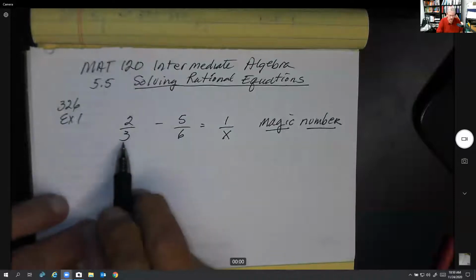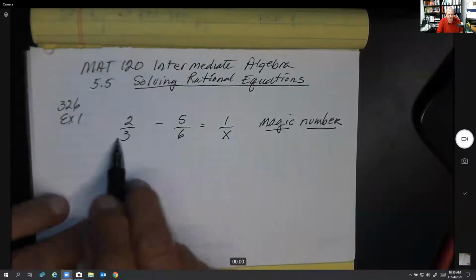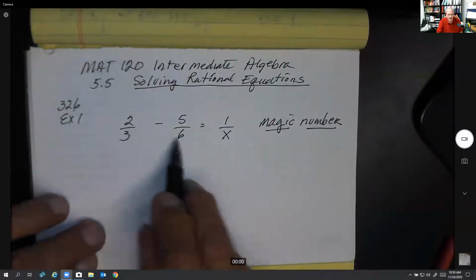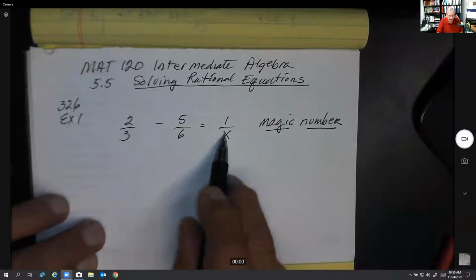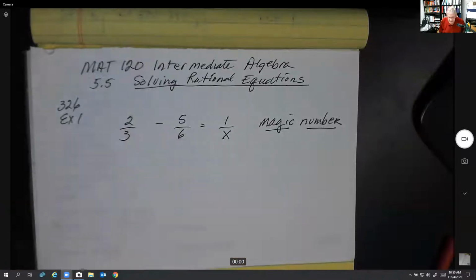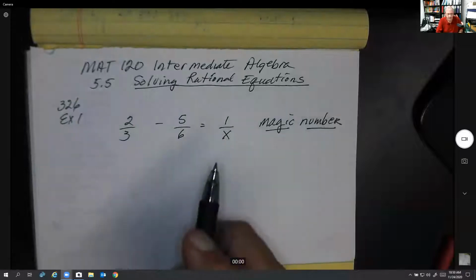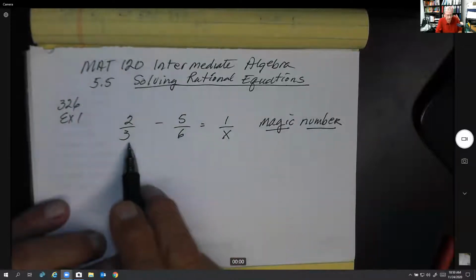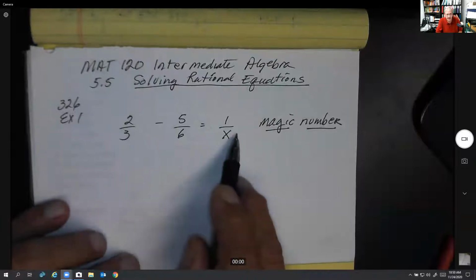What we're going to try to do, the whole object of this, is to cancel out all these denominators and write an equivalent equation that doesn't have x in the denominator, just a single equation without any fractions. So to do that, I'm going to multiply all these numbers together, 3 times 6 times x.